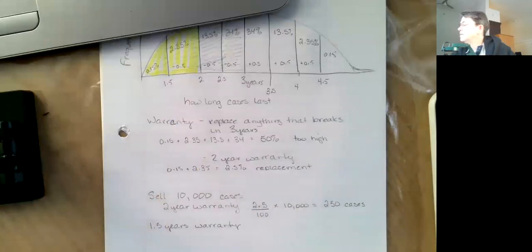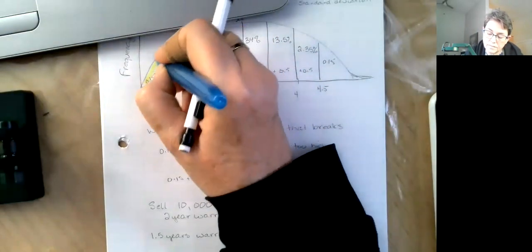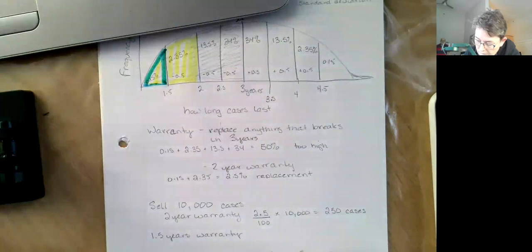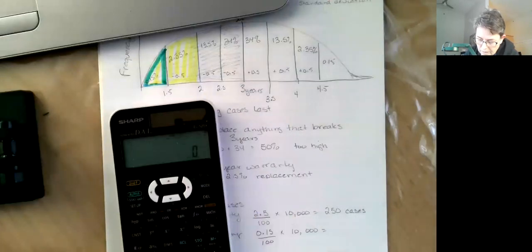Well, if you look on the graph, then it would just be that bottom corner there. So it'd be 0.15%. And I'm going to do the same thing. So 0.15, oops, try again, 0.15 divided by 100 times 10,000, 15.